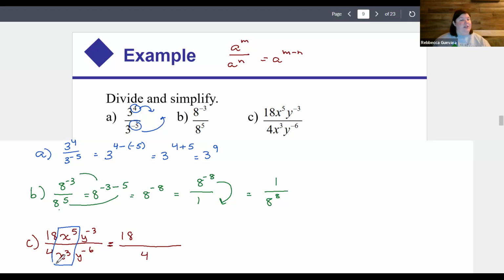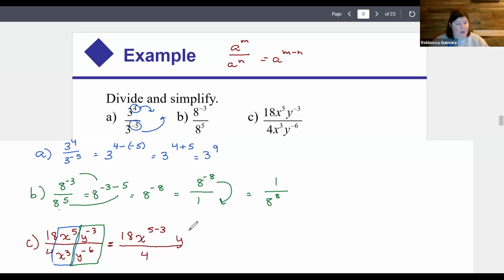We have an x to the 5th, and then we're dividing by an x to the 3rd. So if you focus on that solely, what we end up with here is an x to the 5 minus 3. And I'm going to keep that all on the top. I'm not going to move it to the bottom because technically it belongs as the top of my fraction. Same thing here with the y's. I have y to the negative 3rd, y to the negative 6.